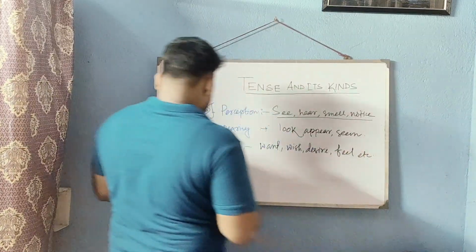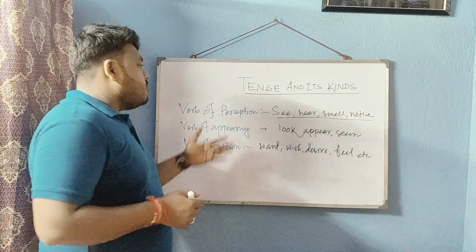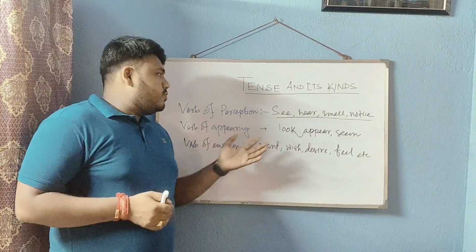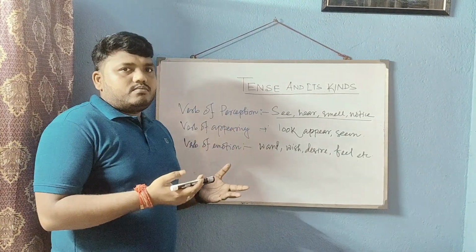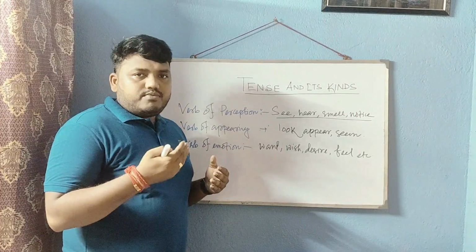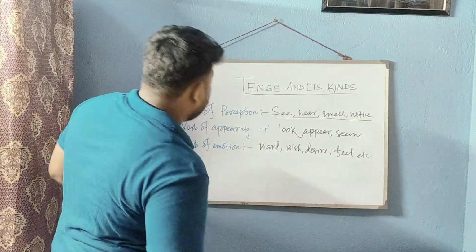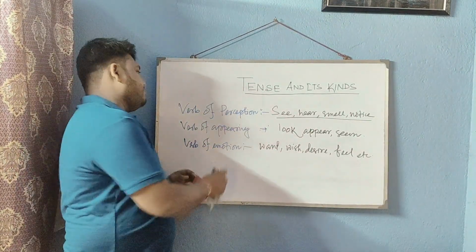So there are other verbs. I'm not writing them, but there are other verbs which do not take ing form. They are called non-progressive verbs. Now we will learn about present perfect tense.